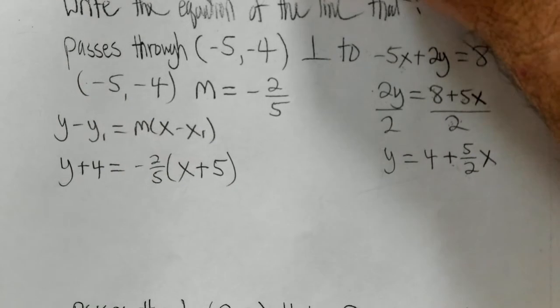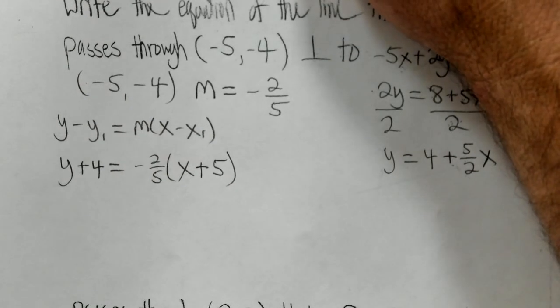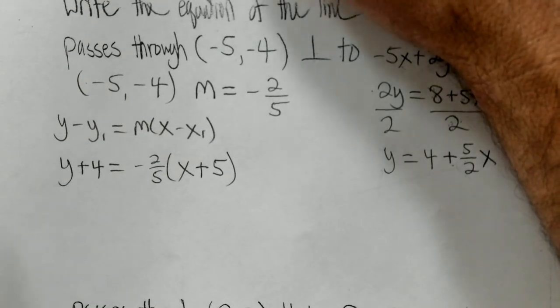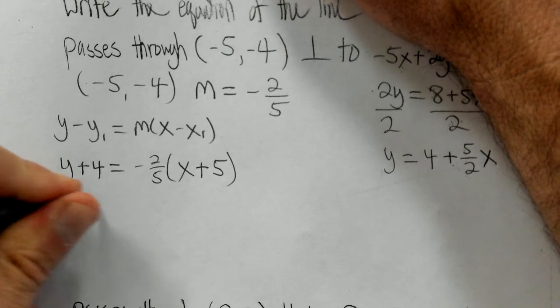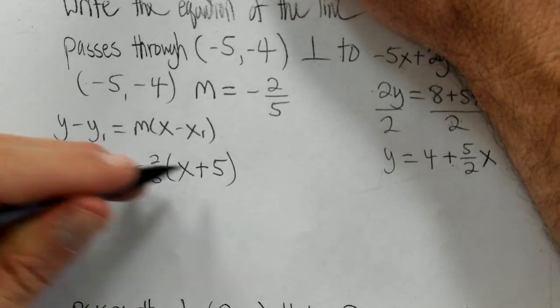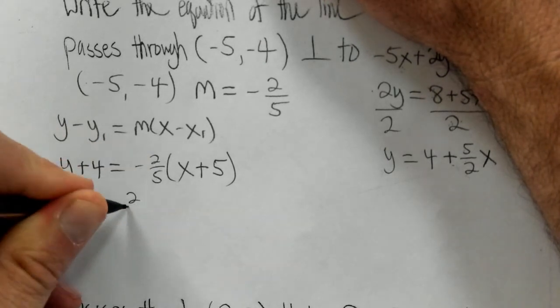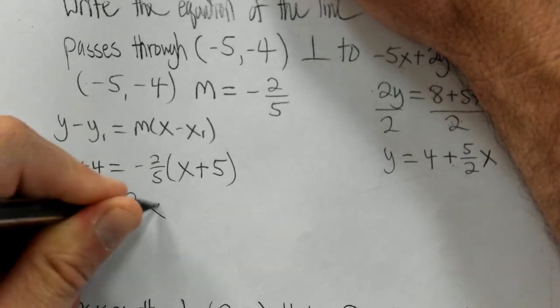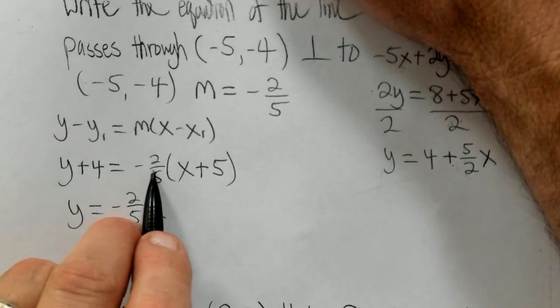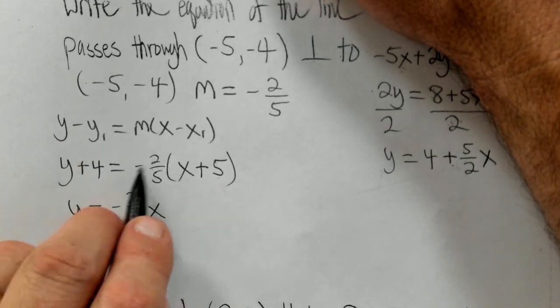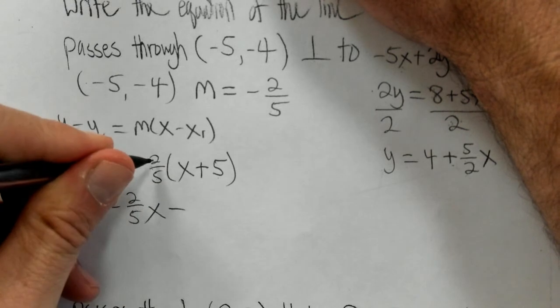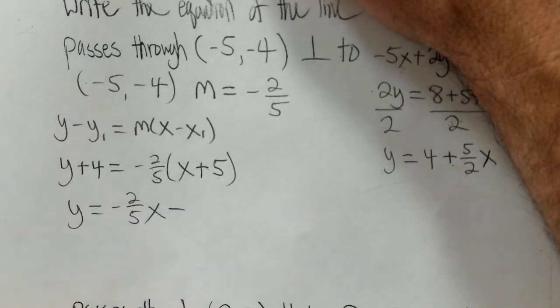All right. So we got that plugged in. We're in good shape now. And so from here, again, 2 steps, rearrange. Y equals, I'll move the 4 at the same time I distribute. Negative 2 over 5x times x is negative 2 over 5x. All right. Then, of course, this number has to also multiply by the 5. Negative times a positive is a negative. And 2 over 5 times 5, the 5 will cancel.